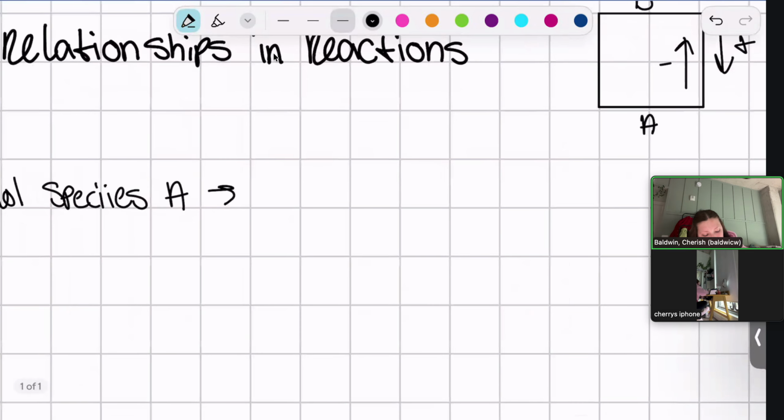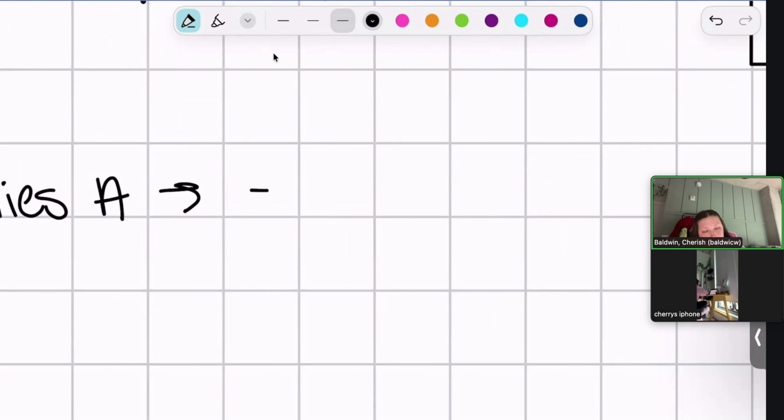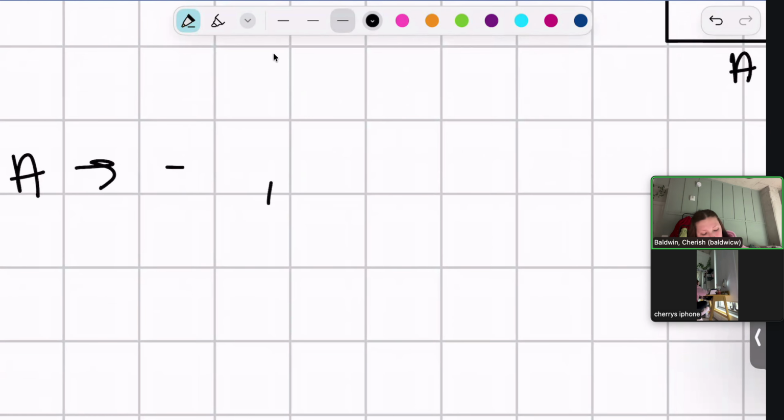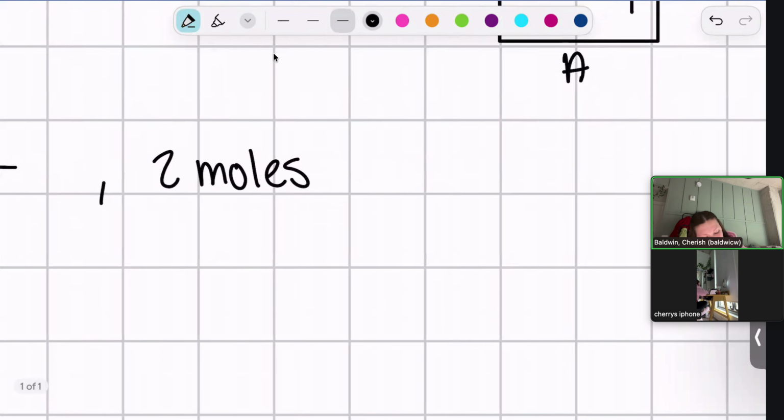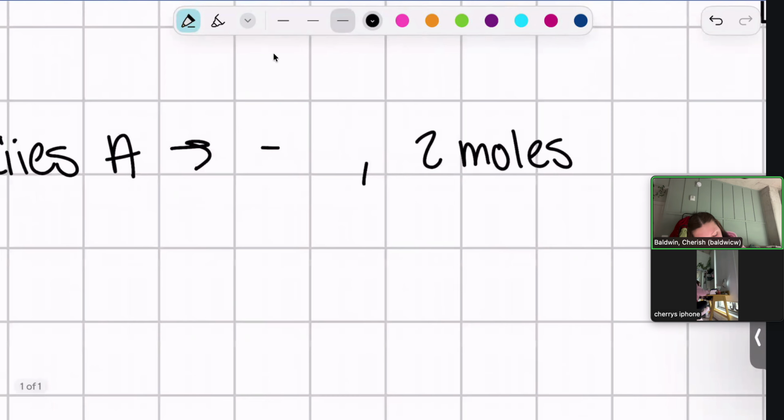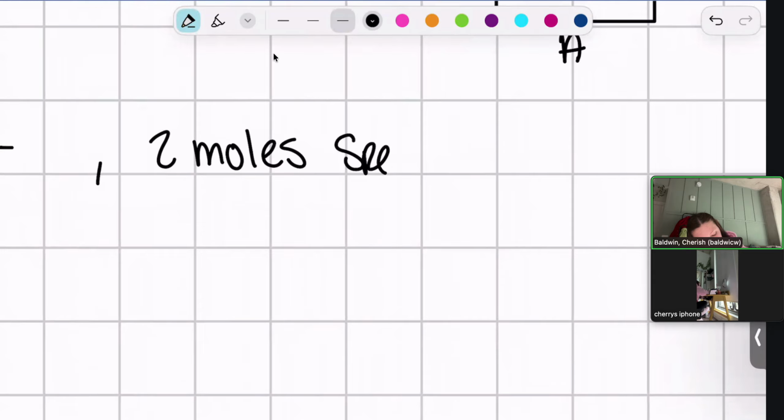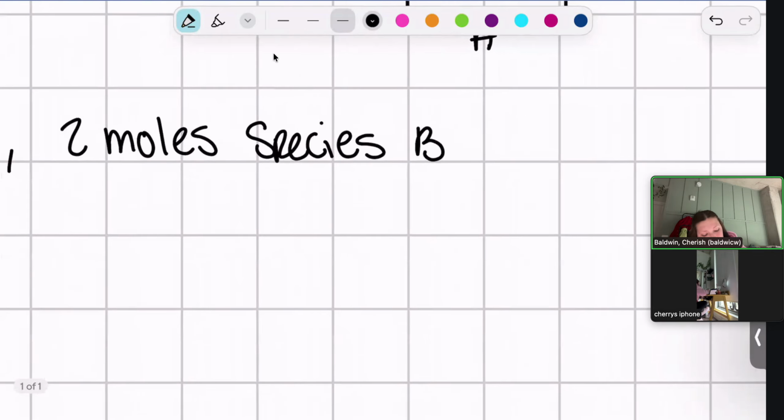So 1 mole of A is going in the negative direction, and 2 moles of species B are going in the positive direction.